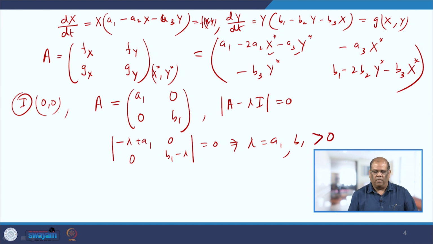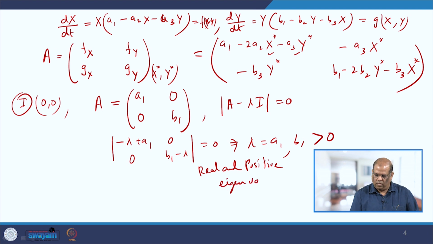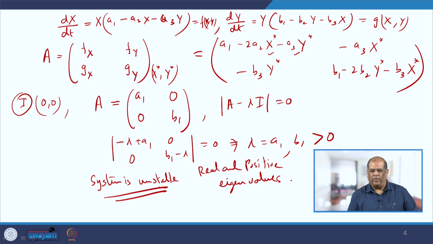Both are positive because they are the rates. So, real and positive eigenvalues, the system is unstable. And to be specific, it will be an unstable node, which we have done before.